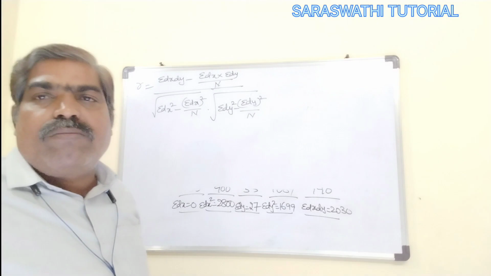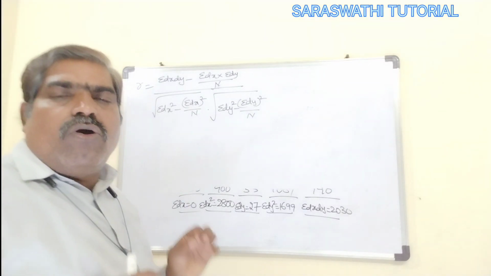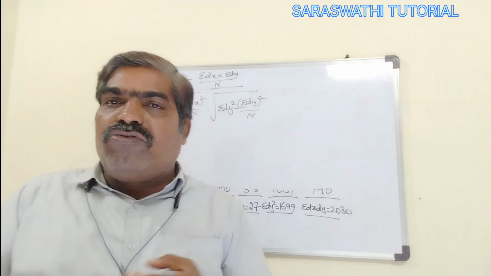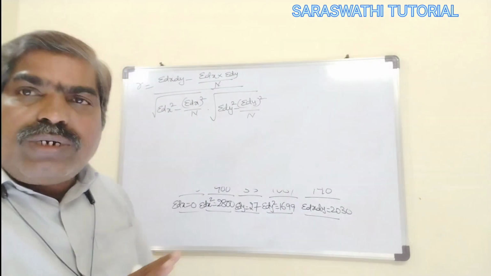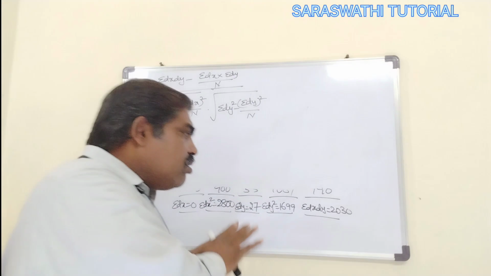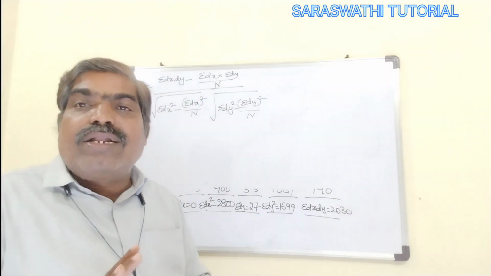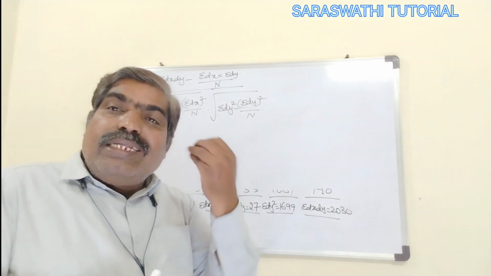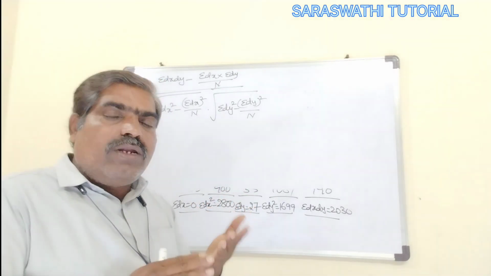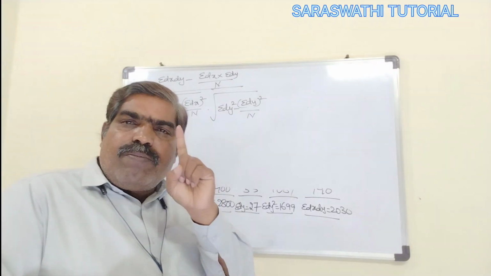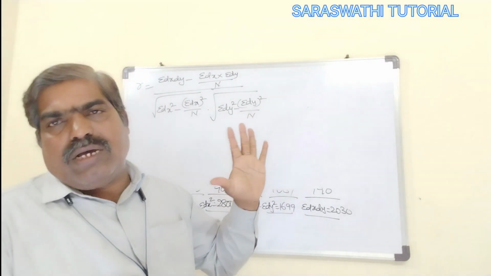I am just repeating the formula. In statistics, you always have to practice. By seeing this video or the solution, it is not possible to get full marks. Seeing three times, but practicing only one time, you will get good marks, right?